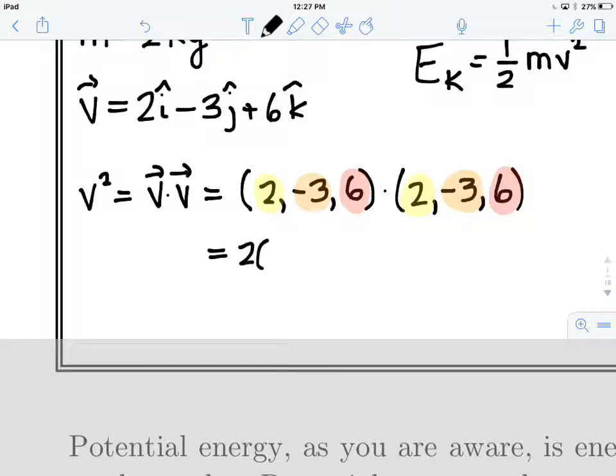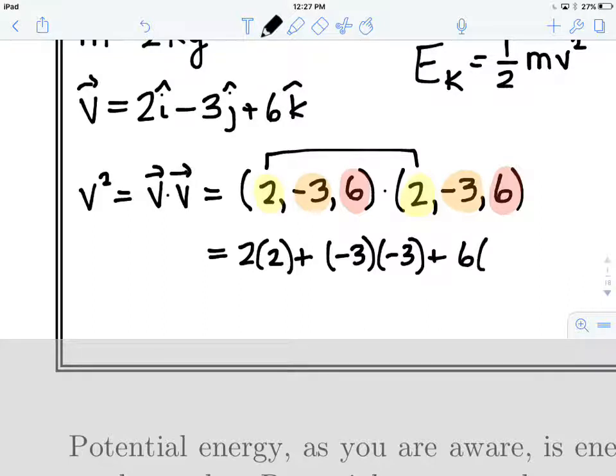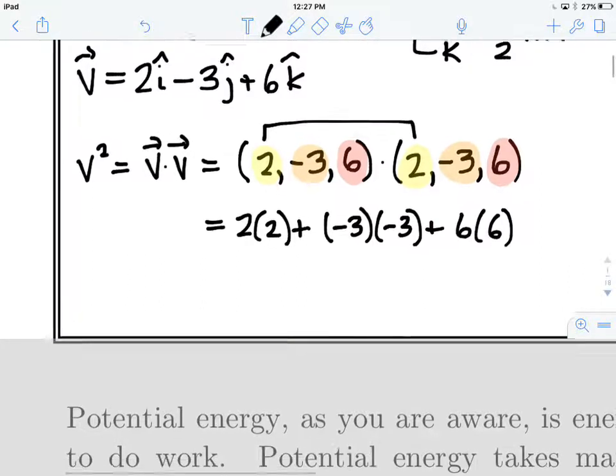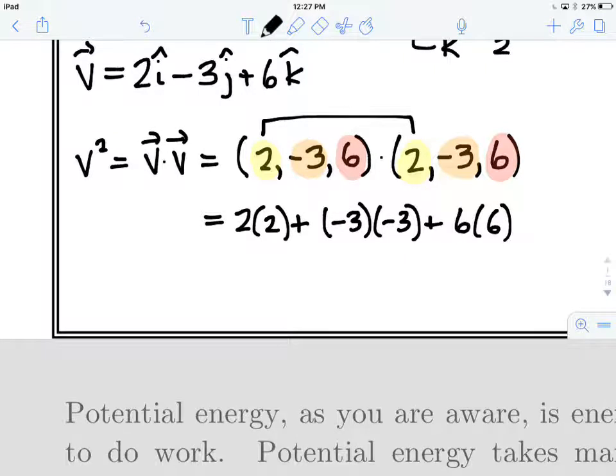So we've got 2 times 2, plus we've got -3 times -3, plus we've got 6 times 6. And if we go through and multiply each of these out, 4 plus 9 plus 36, we end up with 49. And this is v squared.